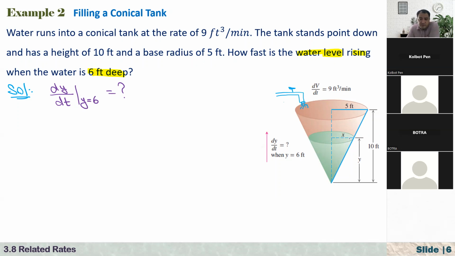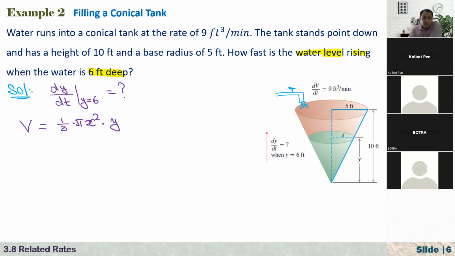If the radius of the top is x, and the height is y, we know that the volume of the water in the container after certain time will be, it's just a cone, 1/3 times pi r squared times h. But instead of r, we have used x here. So here we have x squared times y, where y is the height, right?